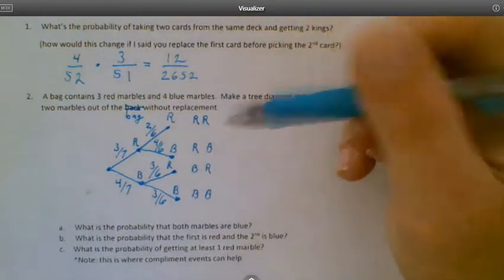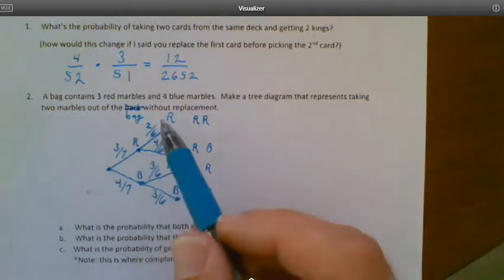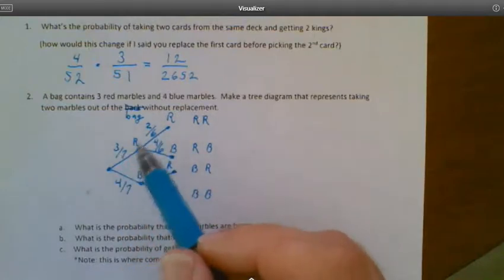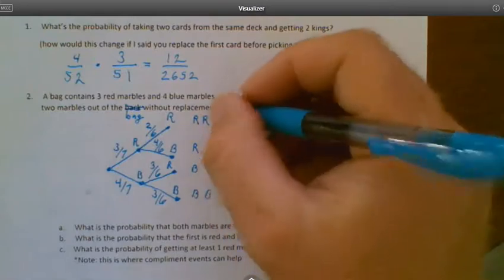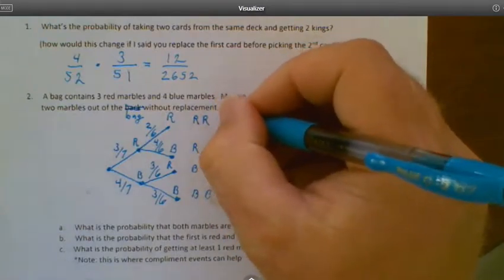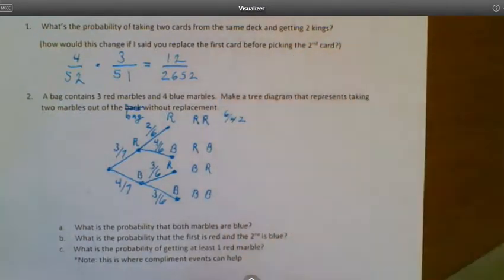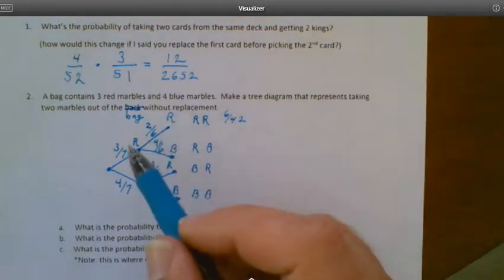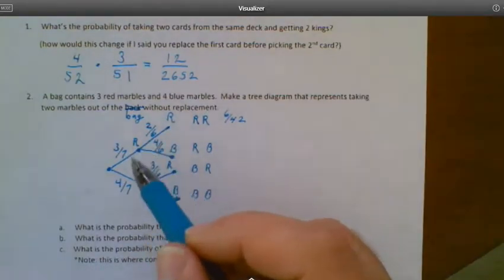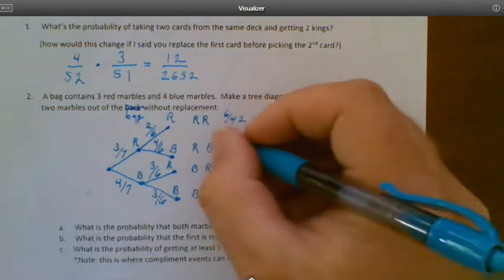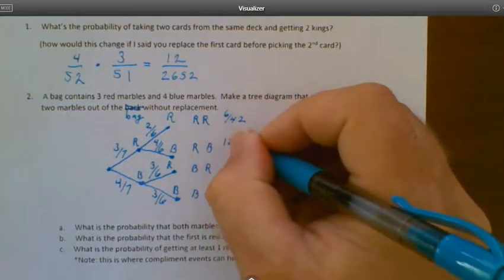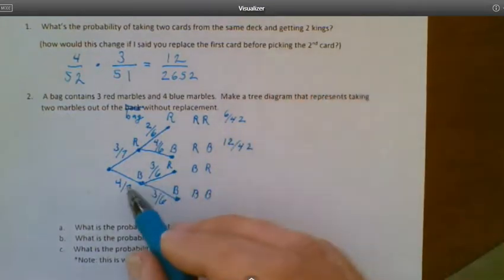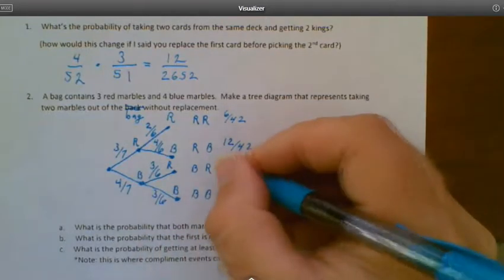The probabilities for those we get just by multiplying from left to right. So if I did 3/7 times 2/6, we're looking at 6 out of 42. If I did 3/7 times 4/6, I'm looking at 12 out of 42. That guy times that guy is again 12 out of 42.